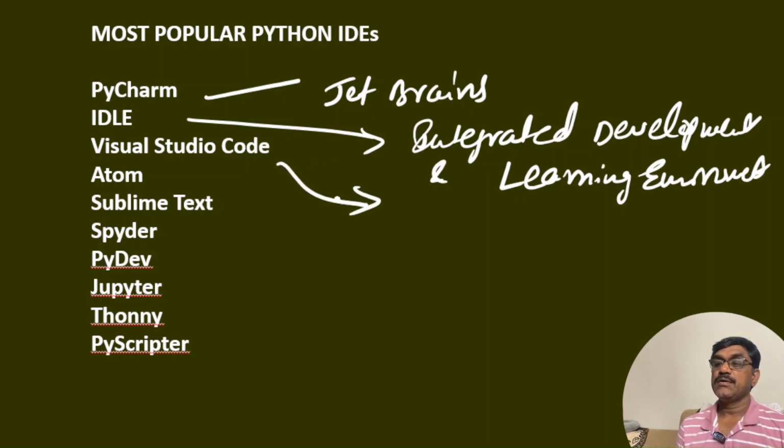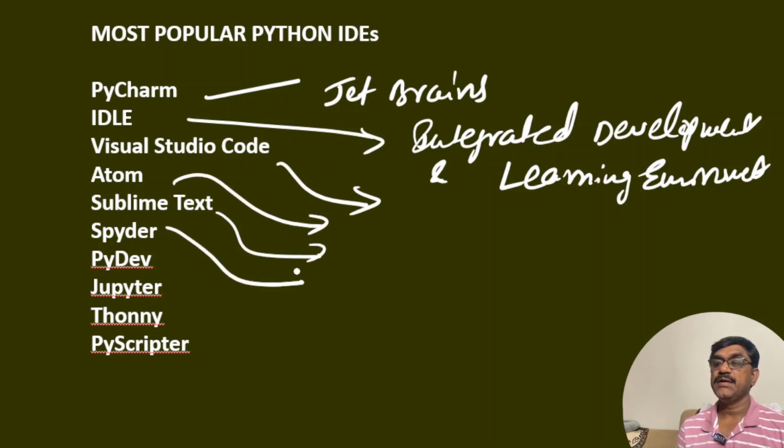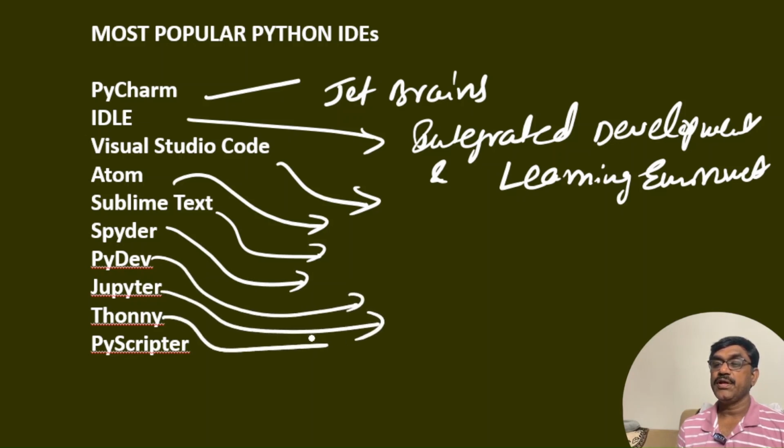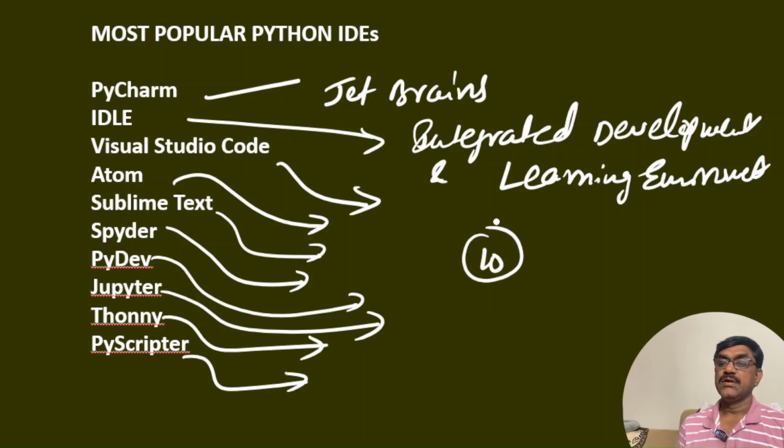Next, from Microsoft we have Visual Studio Code. Next we have Atom, Sublime Text, Spyder, PyDev, Jupyter, Thonny, and PyScripter. These are the top 10 IDEs for Python.